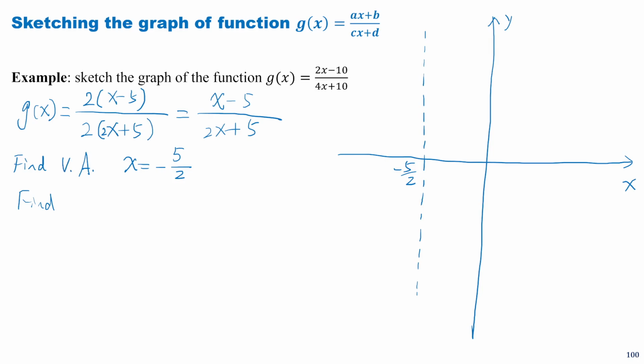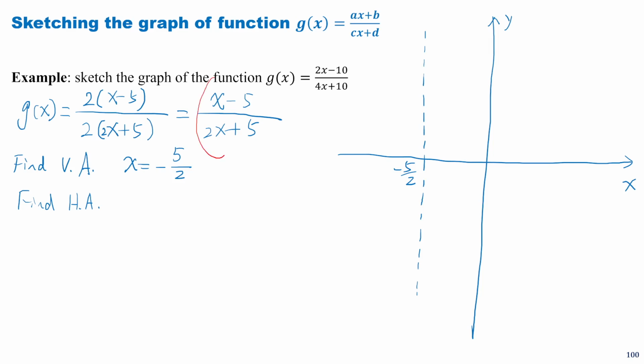We've found its vertical asymptote, and then let's find its horizontal asymptote, which is the value that g(x) cannot be. So g(x) equals (x minus 5) over (2x plus 5), right? You can consider the horizontal asymptote like this. Suppose we don't consider minus 5 and plus 5 here.